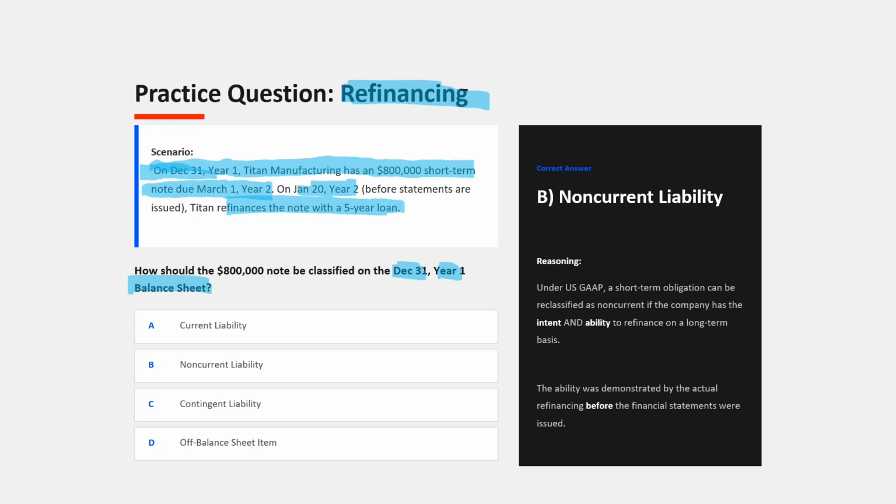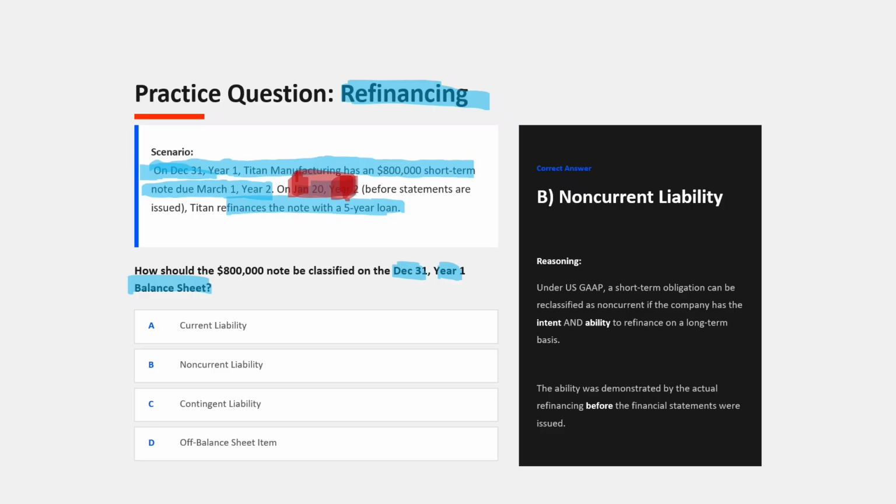Here we pay attention to, okay, so we see that January 20, year 2, they refinance it before the statements are issued. So this could be a little confusing here, so think this way. The balance sheet date gives us the snapshot of December 31st. But most of the time in companies, there are a lot of moving parts.